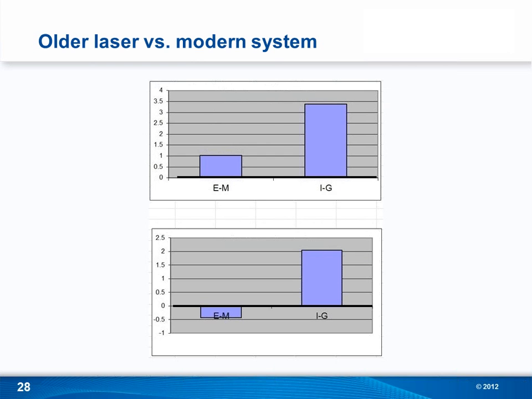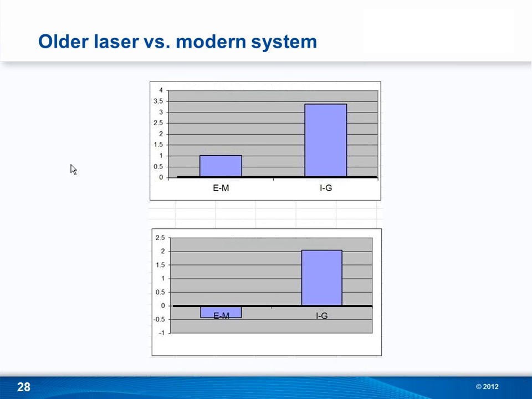To take a look at various machines, here's a comparison between two systems. One is an older system, and on the right-hand side is the newest system, the most modern one.